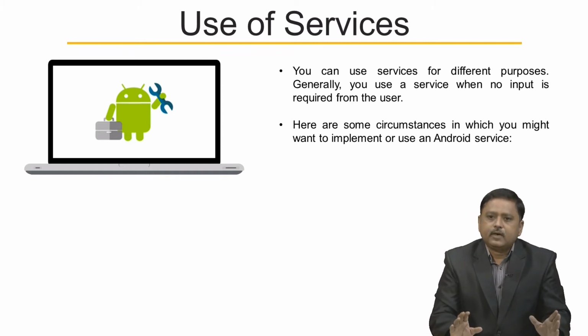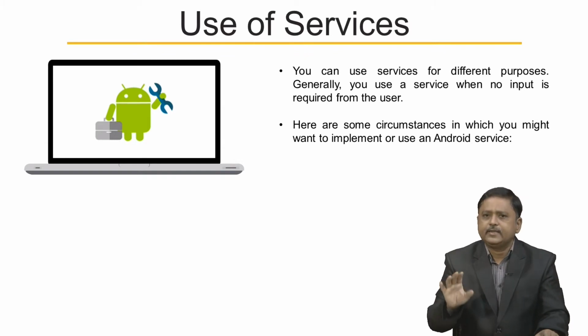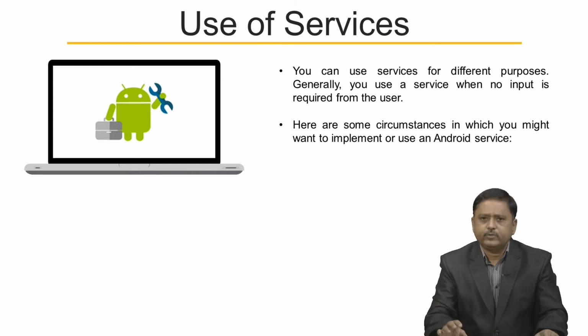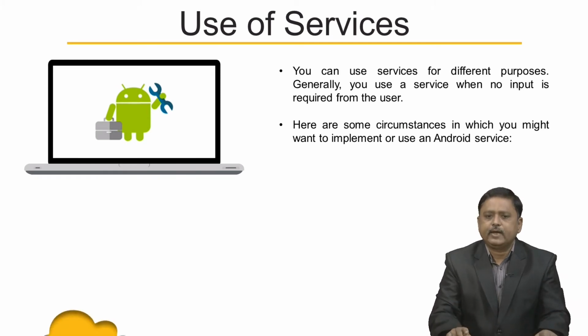Here are some circumstances in which you might want to implement or use an Android service. So, these are the few examples, right. You can have service for any other use that you find it suitable. These are just few examples.